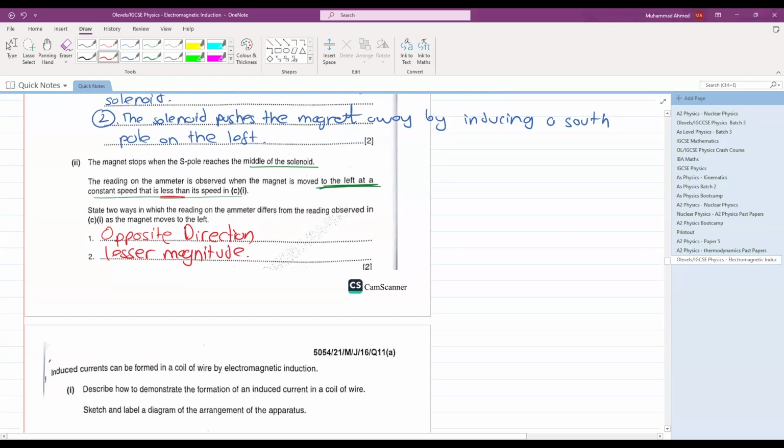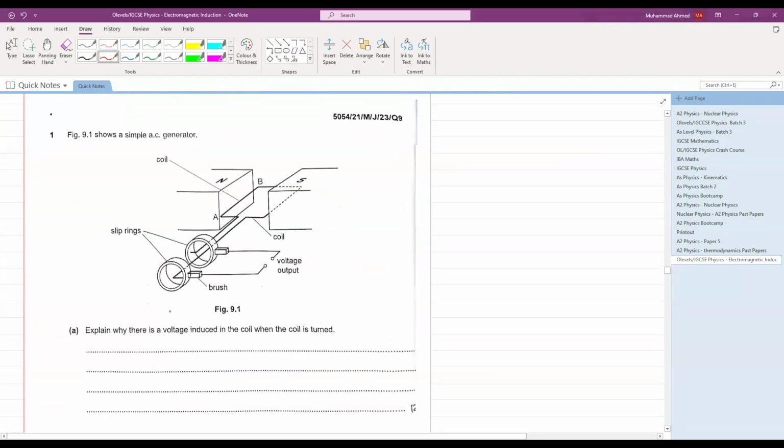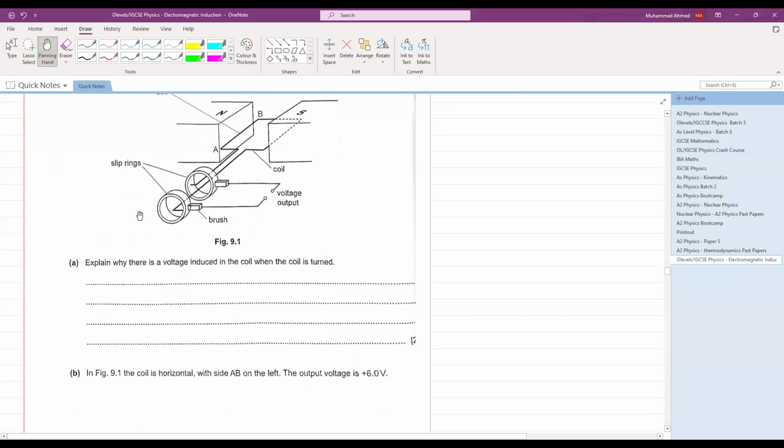Let's further move ahead. Figure 9.1 shows a simple AC generator. Explain why there is a voltage induced in the coil when the coil is turned. Very, very easy again. As the coil is turned, what happens? The magnetic field lines cut with the coil.